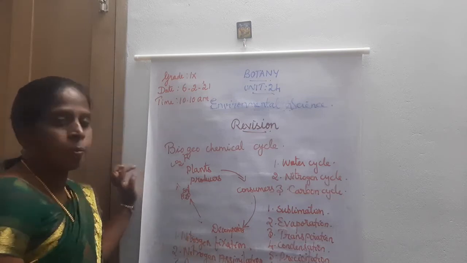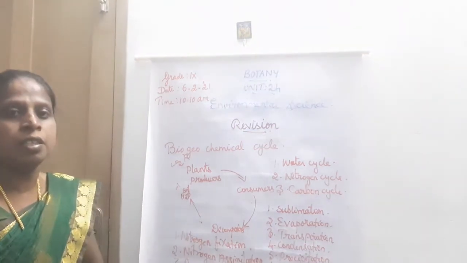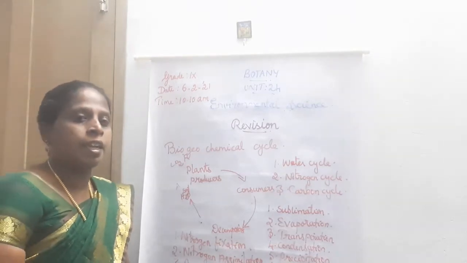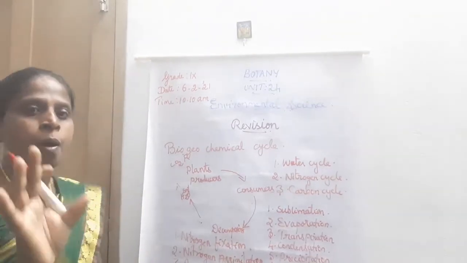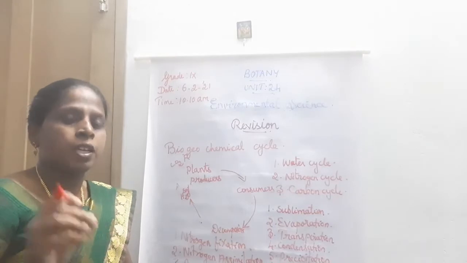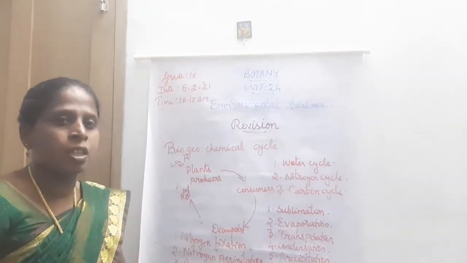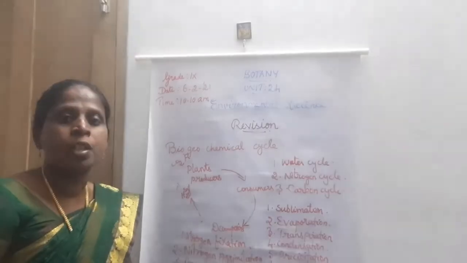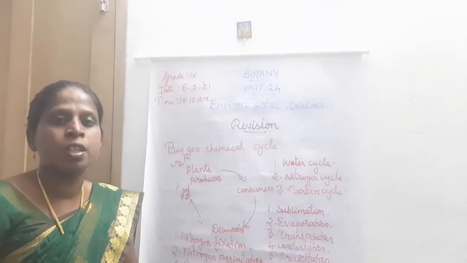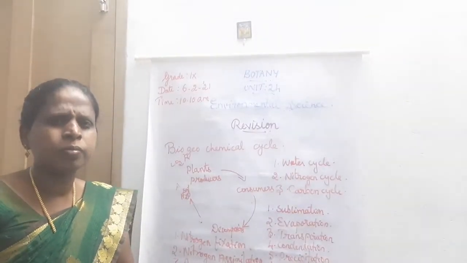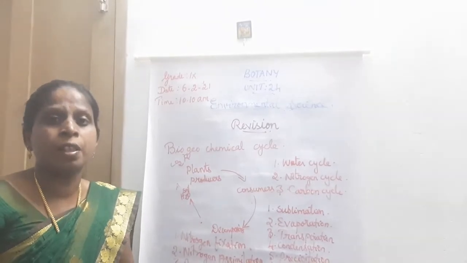See, the first step is nitrogen fixation. The atmospheric nitrogen is in the gaseous state, present in the atmosphere. It should be fixed to the soil. Here the leguminous plants consist of root nodules, with nitrogen fixing bacteria.